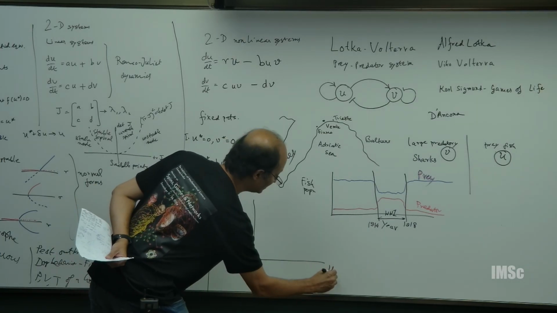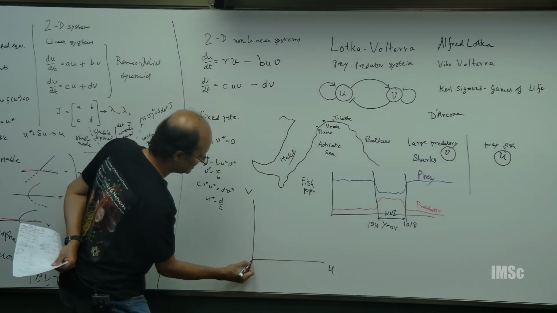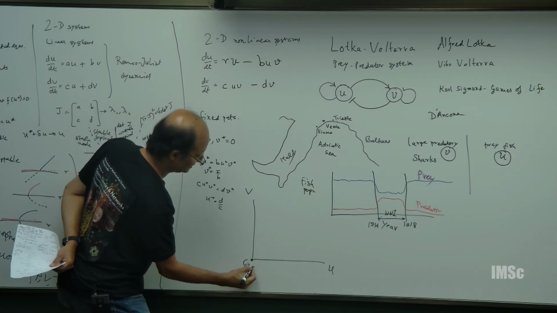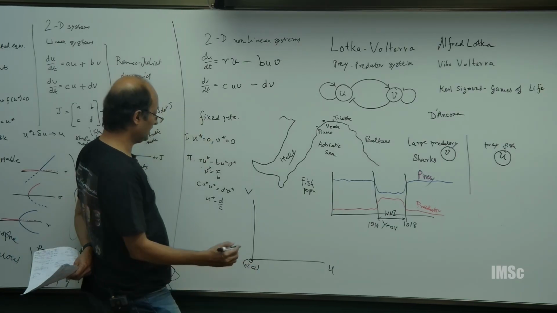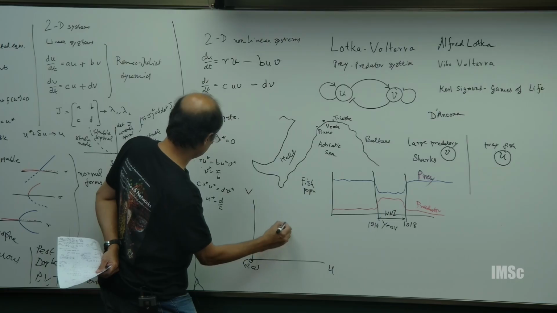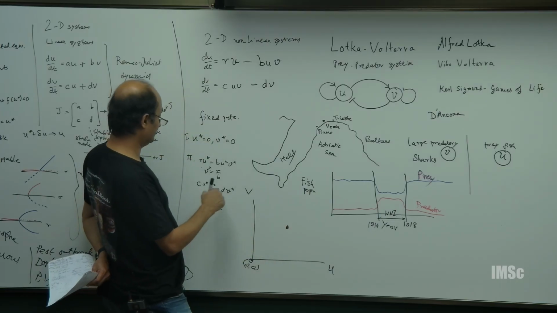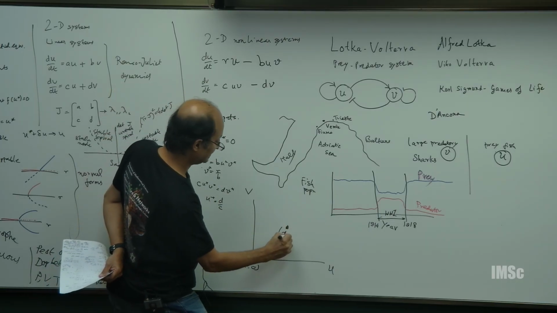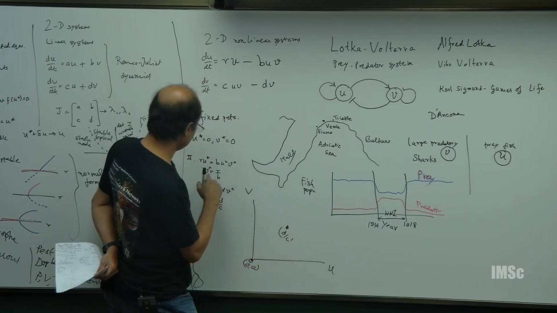If I plot my phase space, this is 0, 0, and this is D by C, and R by B.